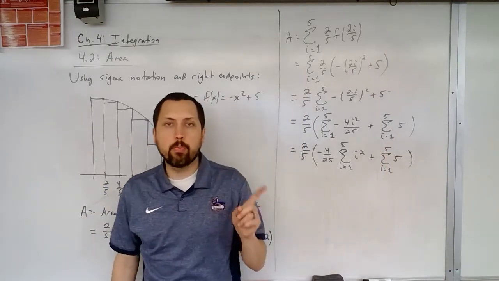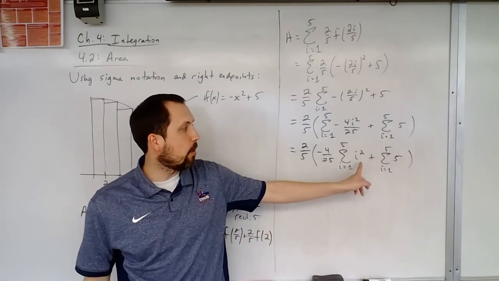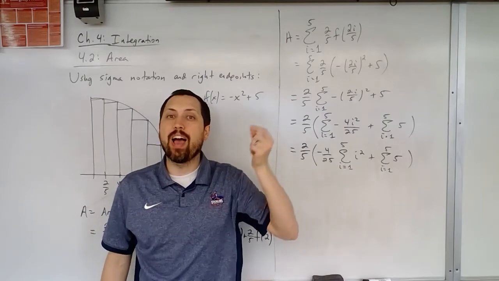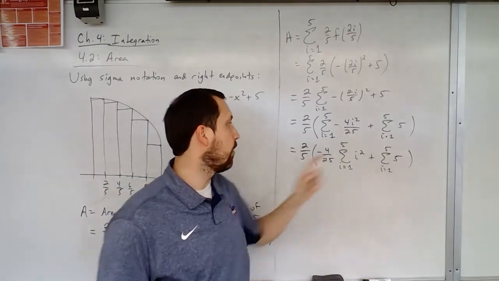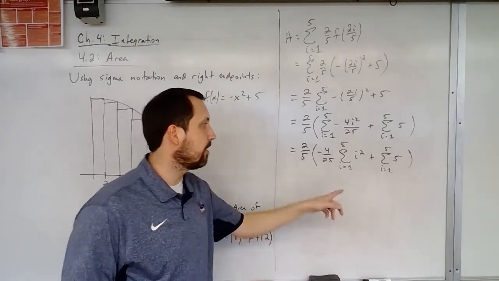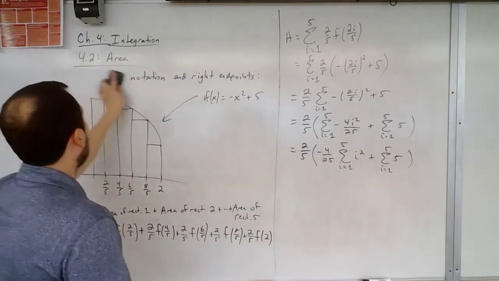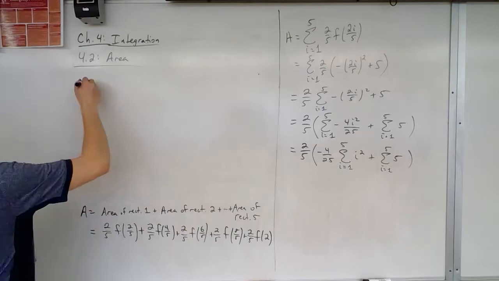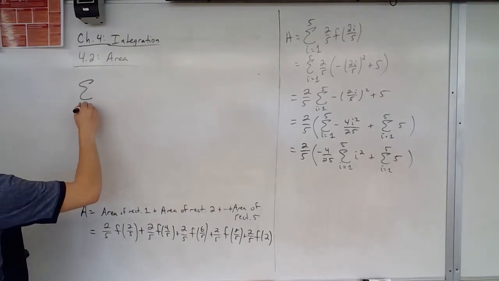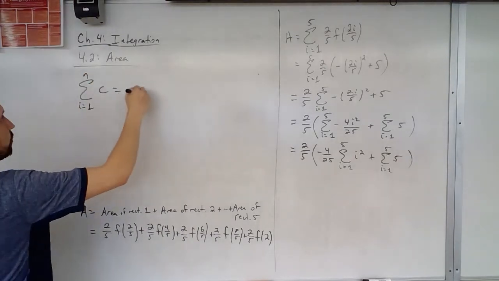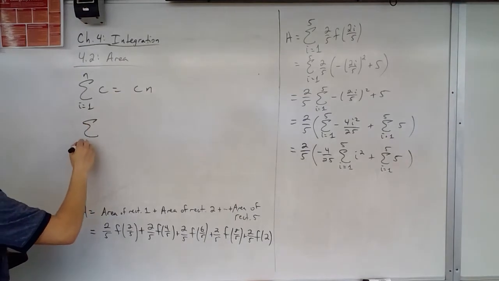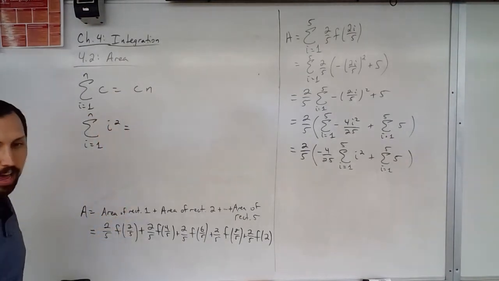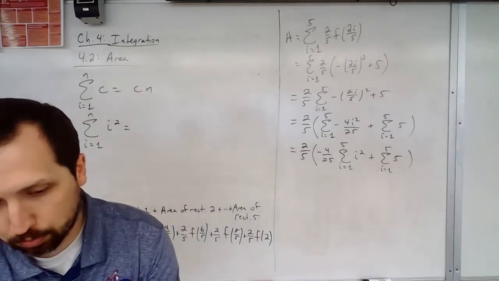Now, if you remember, we had formulas for the sum of i squared when I goes from 1 to n. And we also had the same thing for this constant. So if we remember what those are, the sum from I equals 1 to n of a constant is going to be c times n. The sum from I equals 1 to n of i squared is going to be equal to n times n plus 1 times 2n plus 1 divided by 6.